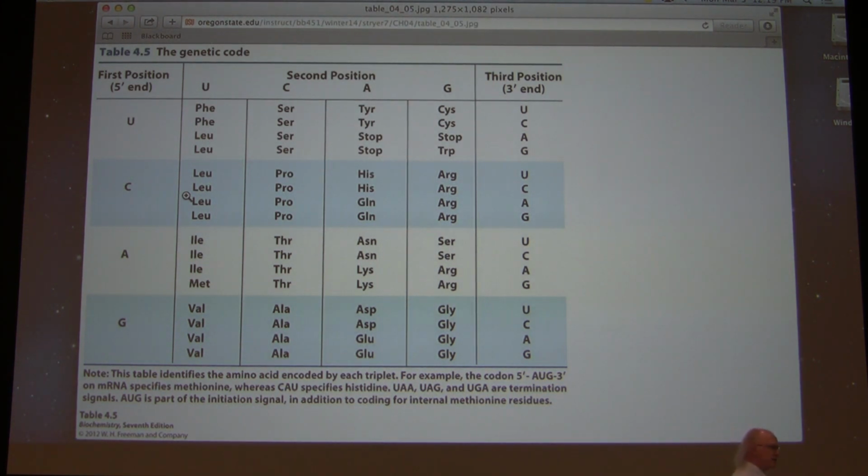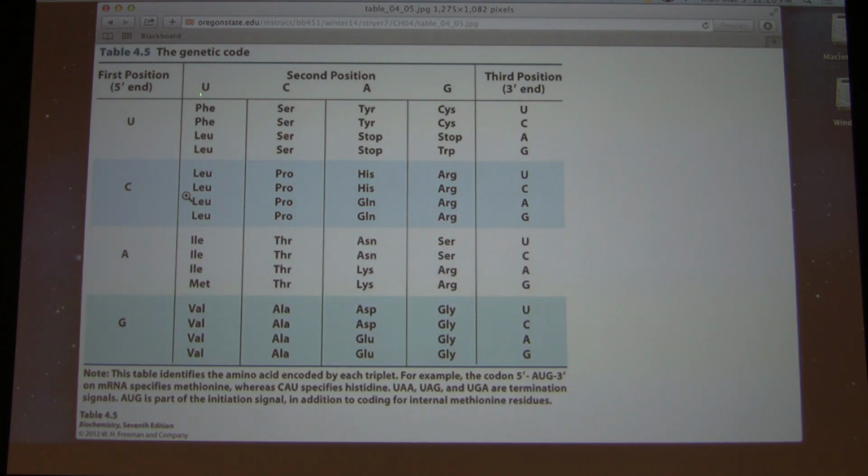Now, as you look at this diagram, you can see that it has a lot of what we call redundancy, meaning that there's more than one codon that can specify a given amino acid. And you'll notice that it's not random, but in fact there's some organization. UUX, where X is any of the bases, I should have made a better choice. CUX, where X is any of the bases, refers to leucine.